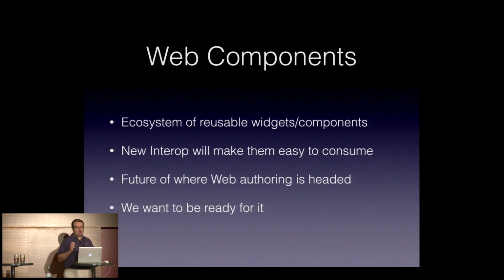You should just be able to drop that component into your GWT application. And using this new JavaScript interop stuff, the goal is that you shouldn't have to write any kind of glue code to make it work. It should just work out of the box. I personally believe that this is where the future of web authoring is headed. Seems like everybody's on board, and I think for us not to be left behind, we have to be on board as well.